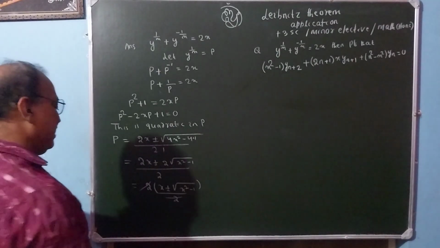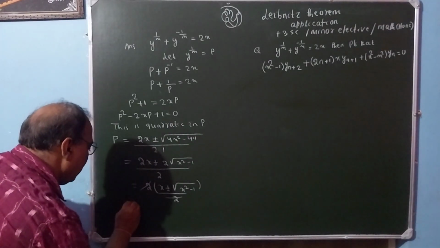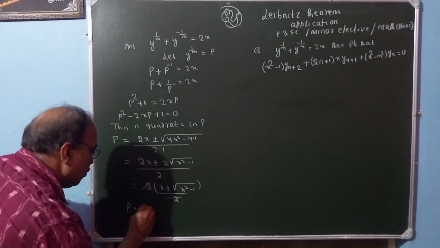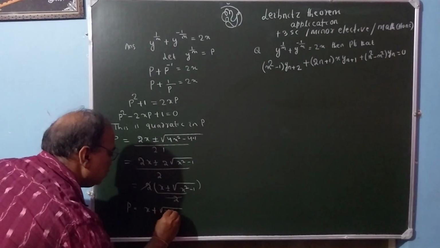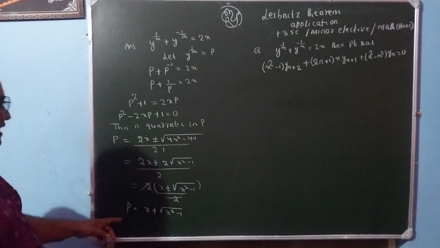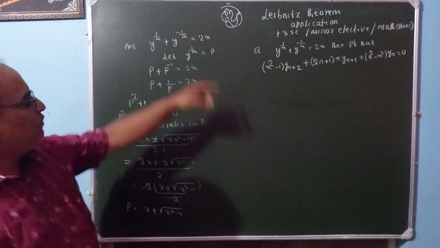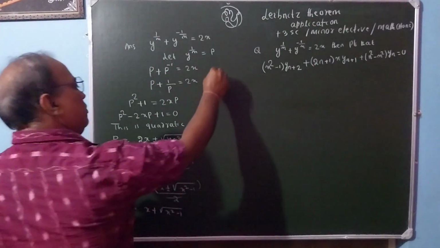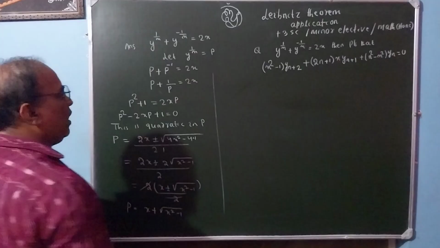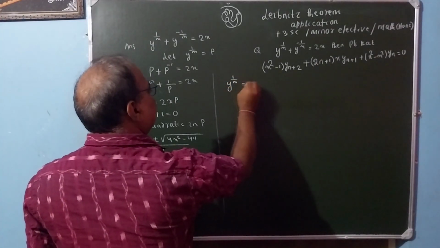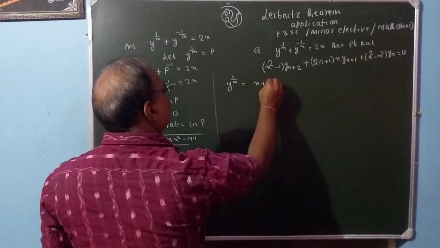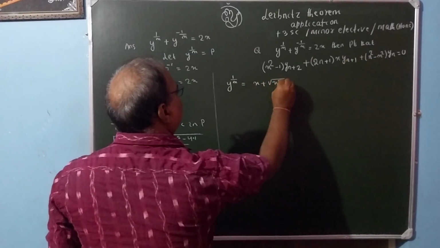So let us take p equal to x plus root over x square minus 1 first. P is nothing but y to the power 1 by m, so y to the power 1 by m is equal to x plus root over x square minus 1.